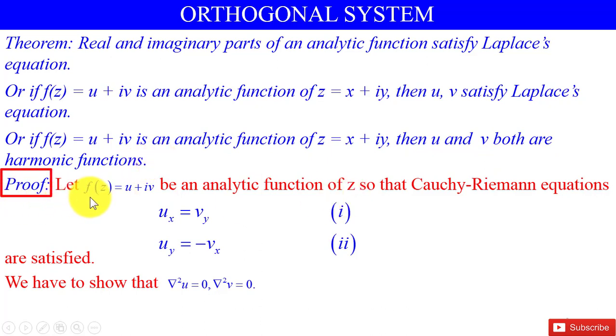Proof: let f(z) = u + iv be an analytic function of z. Show that Cauchy-Riemann equations ux = vy and uy = -vx are satisfied. We have to show that Laplace equation ∇²u = 0 and ∇²v = 0.